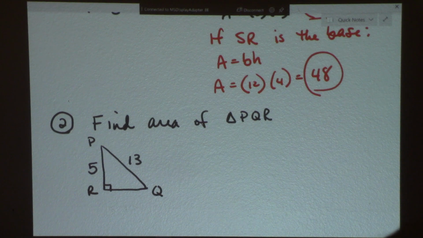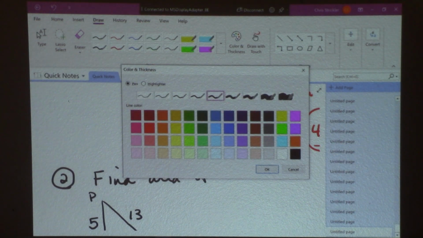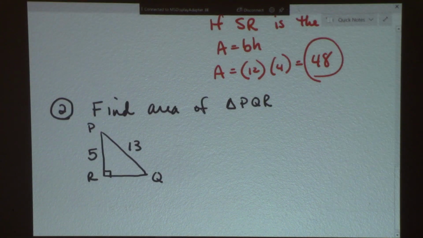Now I can see, I'm going to change colors again really quickly, that RQ is the base and PR is the height. 13 is the hypotenuse, but it's not my base or my height. And I can tell that the height is 5. Okay, that's PR.